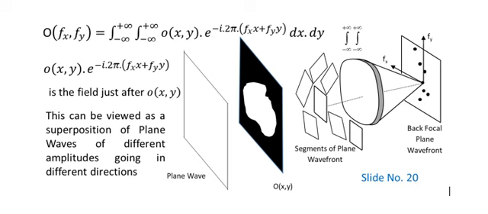That is why we have the total function, the integration of the integrand, and we get the total output at the back focal plane of the lens, which is represented by capital O. So capital O is the Fourier transform of small o. Small o is the space domain variable, and capital O is the Fourier domain variable. This field can be viewed as a superposition of plane waves of different amplitudes going in different directions.